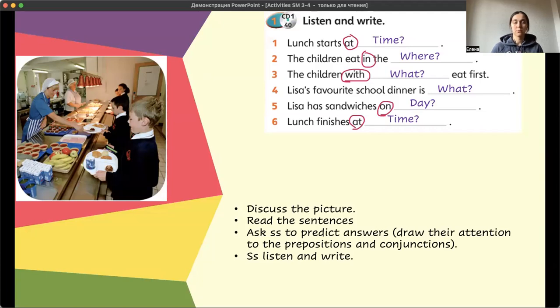So they listen and write the correct day. When we discuss this, I don't let them write any ideas. I ask them only to circle the words. And then they listen two times, and usually it's enough for completing this task. So this is my procedure. I do this. What about you?